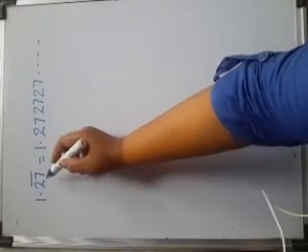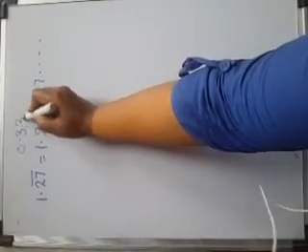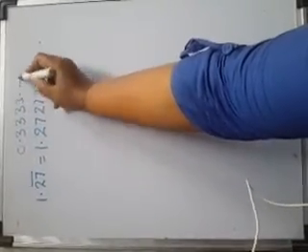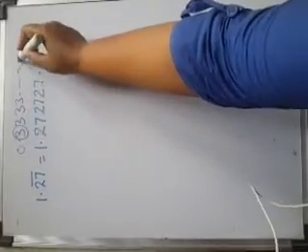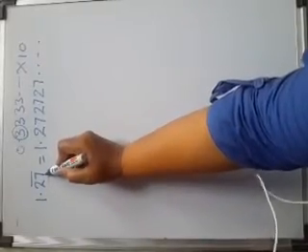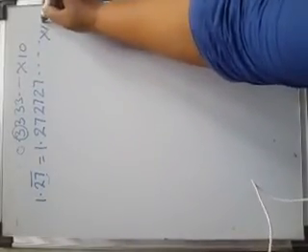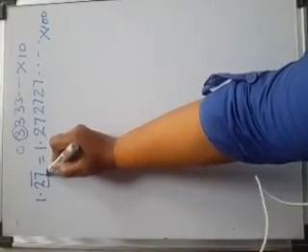In the last case, repeating block was of only one digit, isn't it? Only 3 was repeating. So we multiplied it by 10. Here the repeating block is of 2 digits. So we will multiply this by 100. Depends on the number of digits in the repeating block.